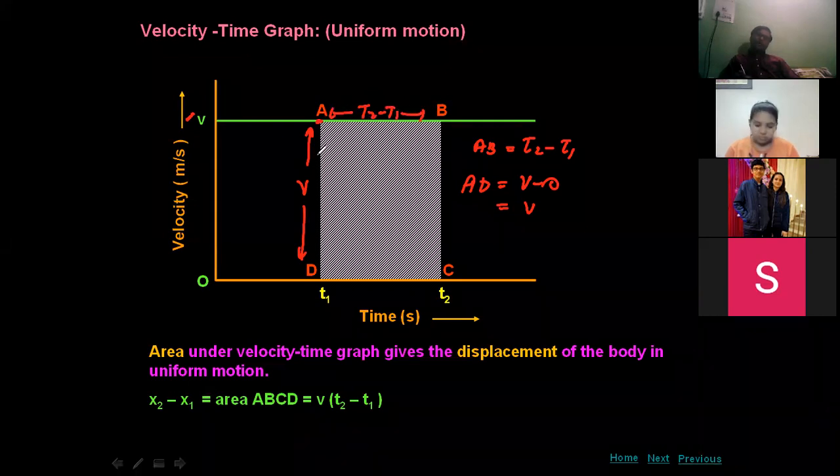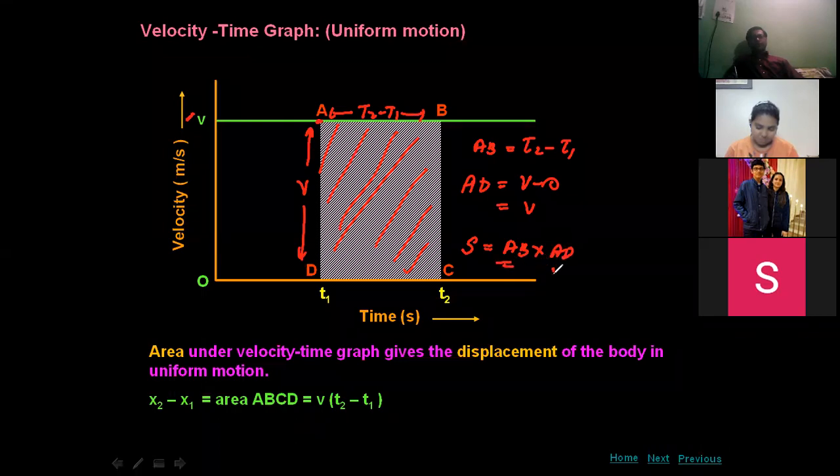So we will multiply AB into AD, and then we will get this entire area under the line AB, which will give us the magnitude of the displacement. So the displacement, denoted by S, will be AB into AD.